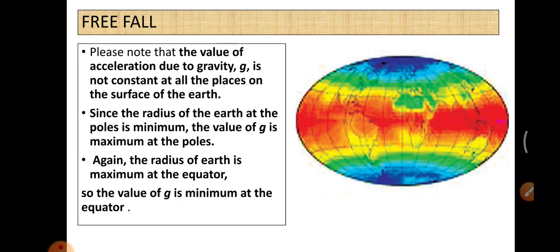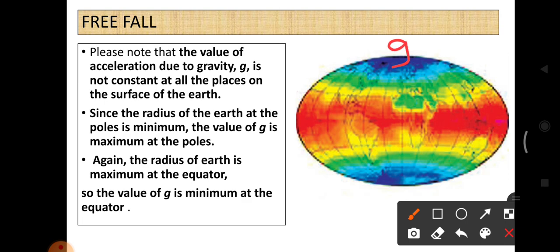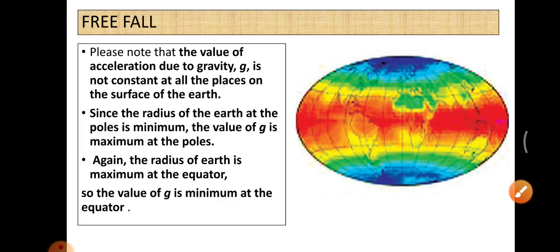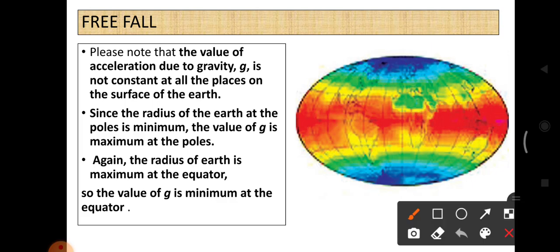Please note that the value of acceleration due to gravity g is not constant at all places on the surface of the earth. So the g value is not the same at all points. It will change according to the place. Why is it not the same at all points? Because the radius of the earth at the pole is minimum, so the value of g is maximum at the pole.